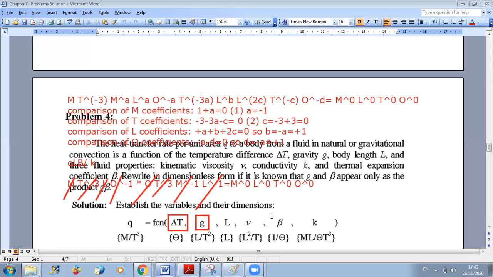Beta is 1 over theta, so if I multiply delta T by beta, the unit will be 1. So you can directly predict that your second group will be delta T times beta. And you can verify this by the calculation. If they ask you to put the details of calculation, you cannot put the group directly. You should show your calculation.